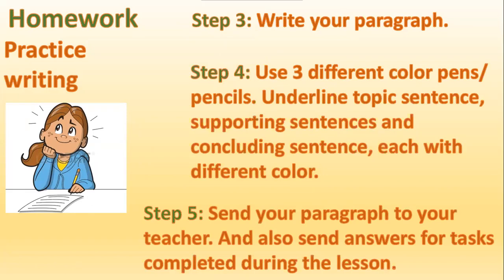Okay, then last is 5. What you have to do, send your paragraph to your teacher via WhatsApp or email, taking a picture, or if you're typing, email, and also send answers for tasks completed during the lesson. We had how many? 4, 5 tasks, yeah? So answers, what you have written in the copybook, send to your teacher.